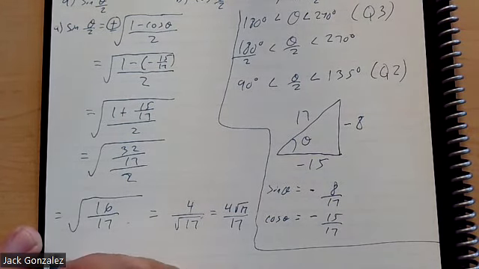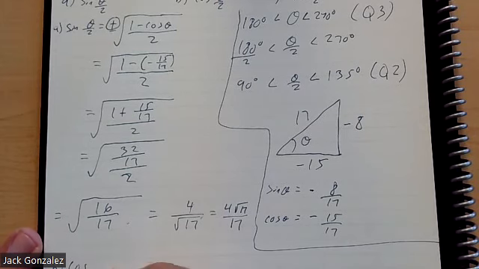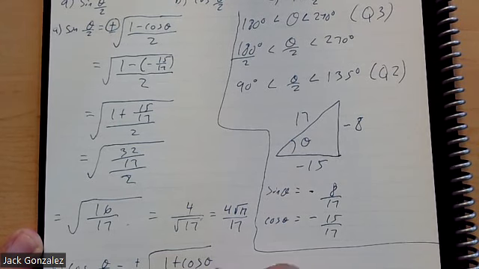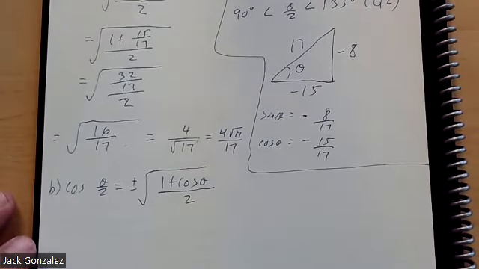Let's see if I have enough space for B. Still got time, right? Yeah, we're good. Cosine theta over 2. That's going to be plus or minus the square root of 1 plus cosine over 2, right? Theta over 2 we said is in quadrant 2, right? Is cosine negative in quadrant 2?